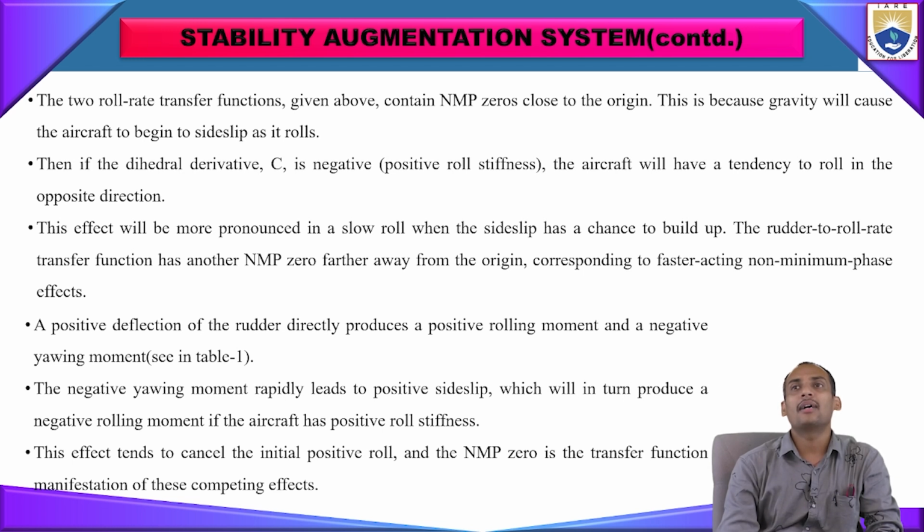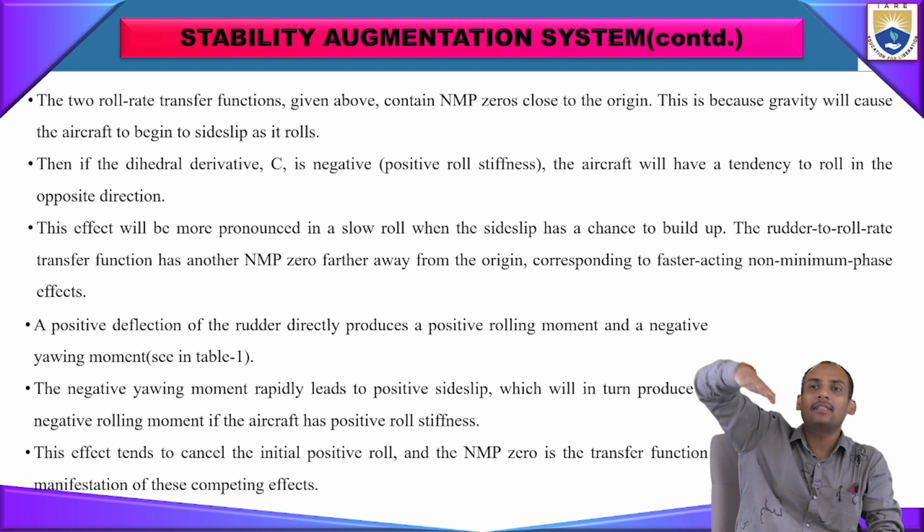This is because gravity will cause the aircraft to begin to slide as it rolls. So if the dihedral derivative is negative, the aircraft will have a tendency to roll in the opposite direction, because the dihedral being negative means what?